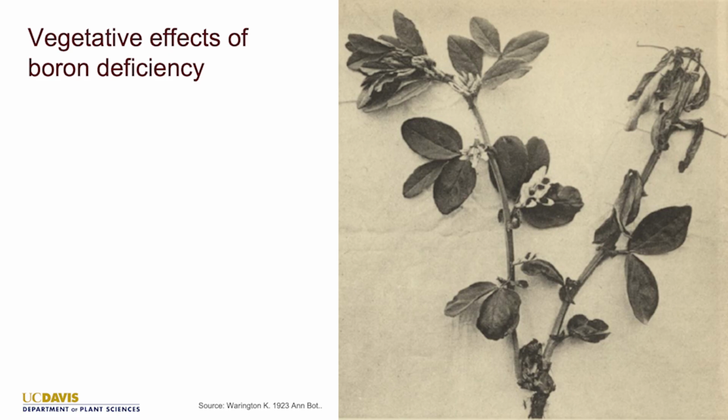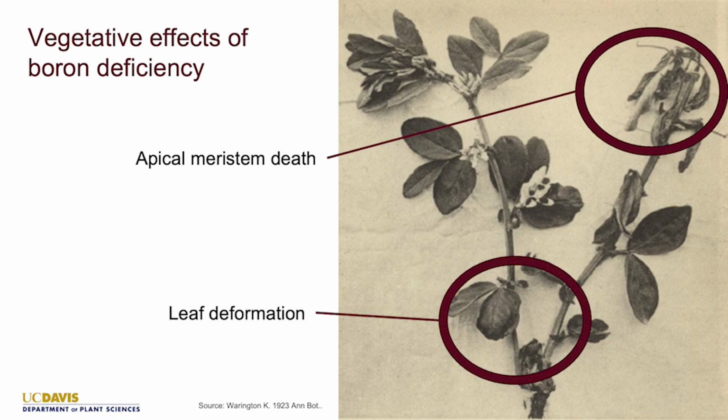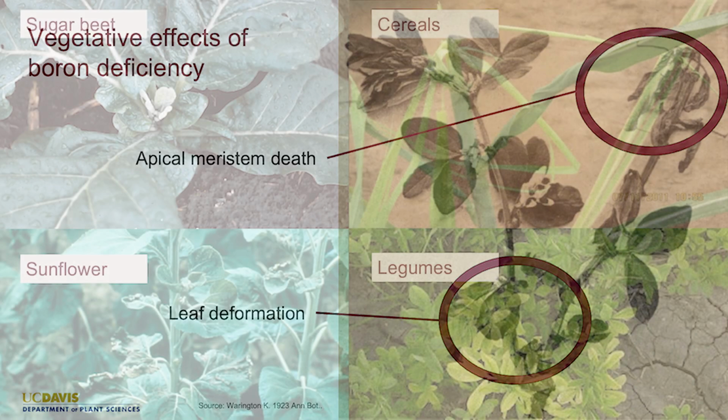Start with this old diagram from Warrington in 1923, where she illustrated that apical meristem death was one of the first and most important effects. But she also pointed out that leaf shape can become deformed.